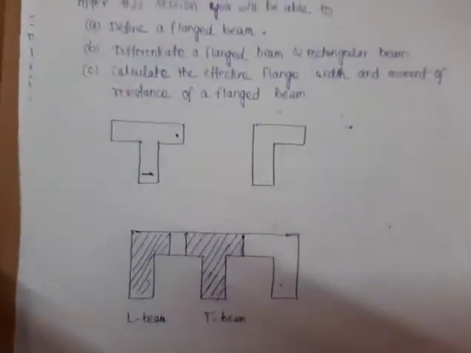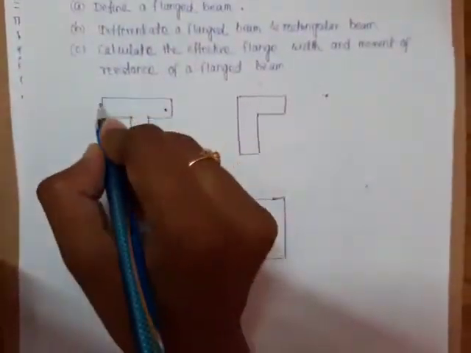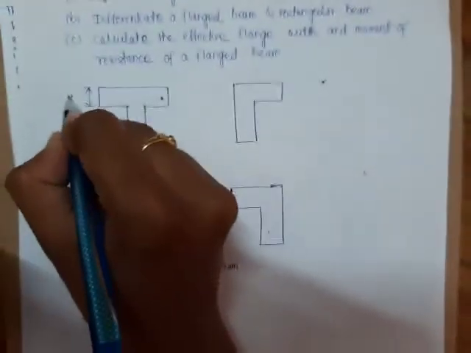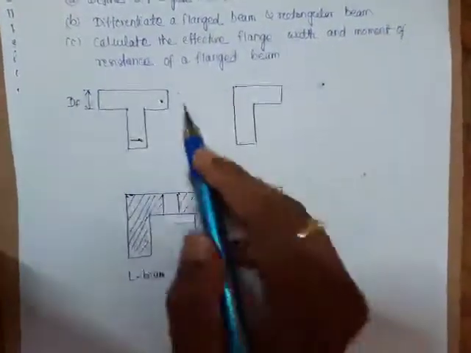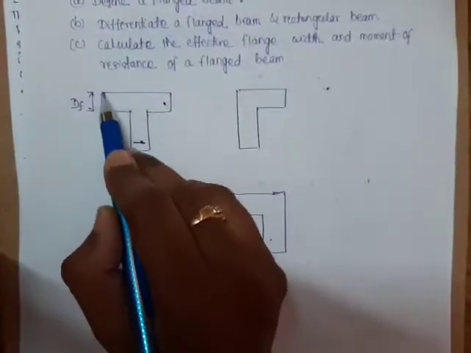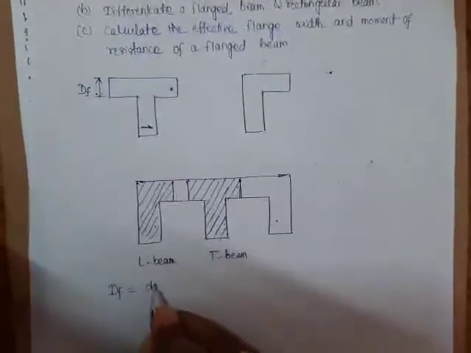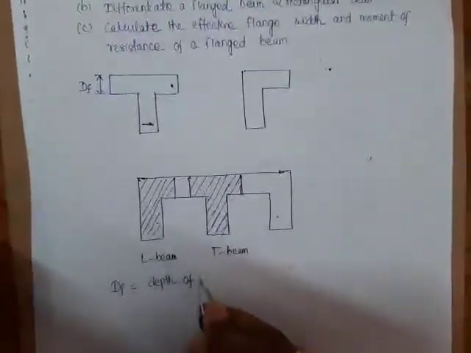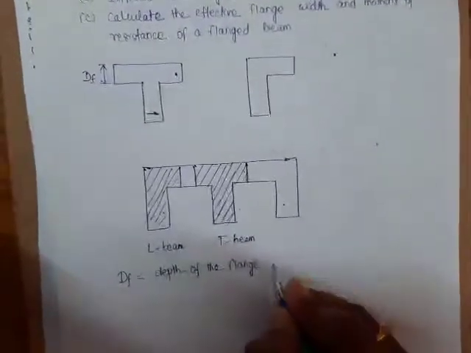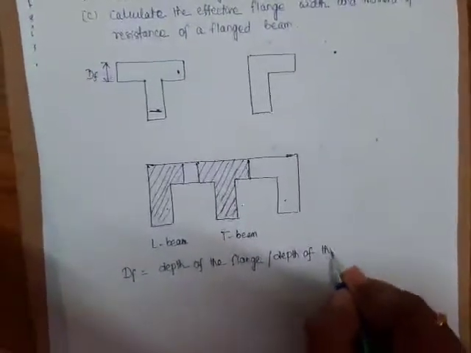Then next, we will discuss for a T beam. Here this is the flange and this part is known as the web. This depth of the flange is denoted as df. So df is the depth of the flange, which is also equal to the depth of the slab.